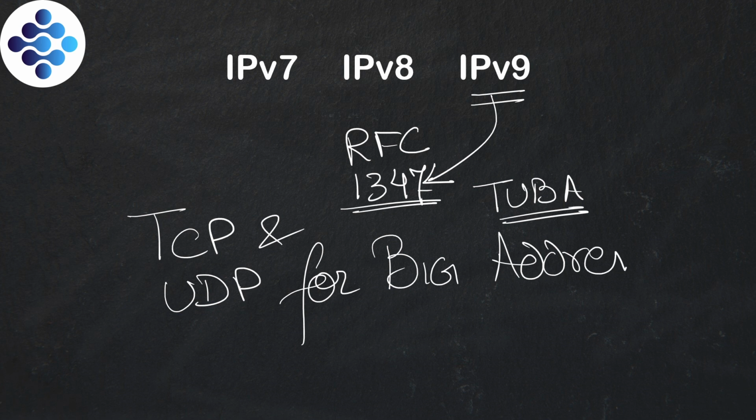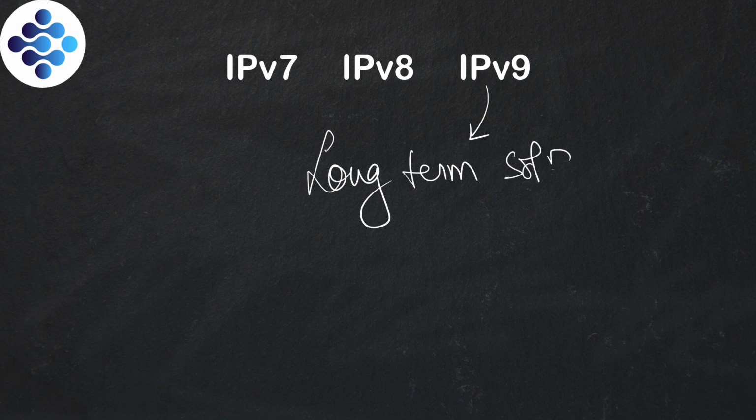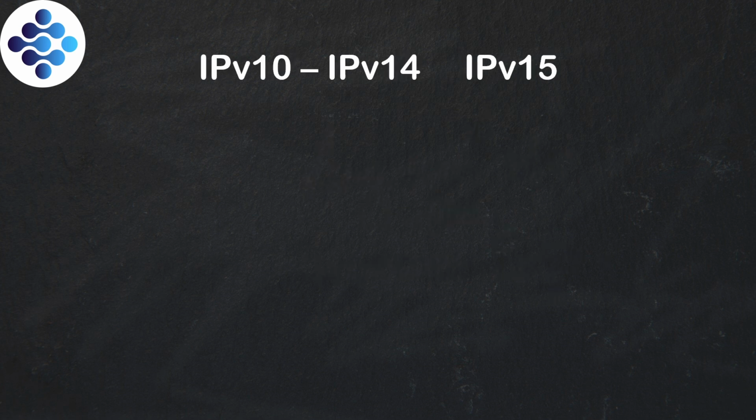That's why TUBA. TCP and UDP for big address is meant for a long-term solution for internet expansion. So that's the meaning of IPv9.